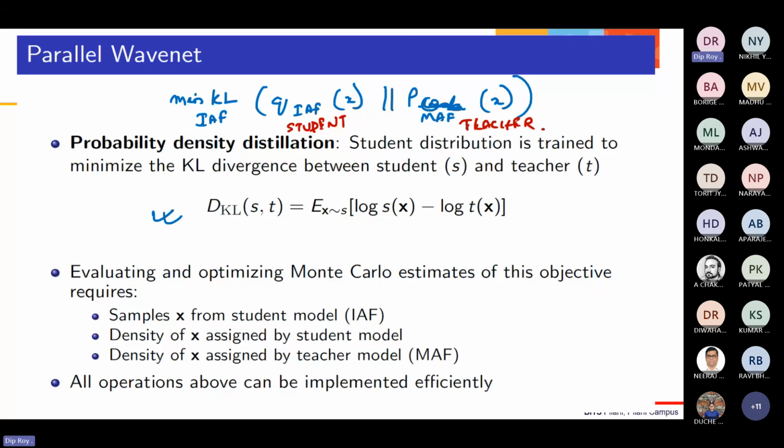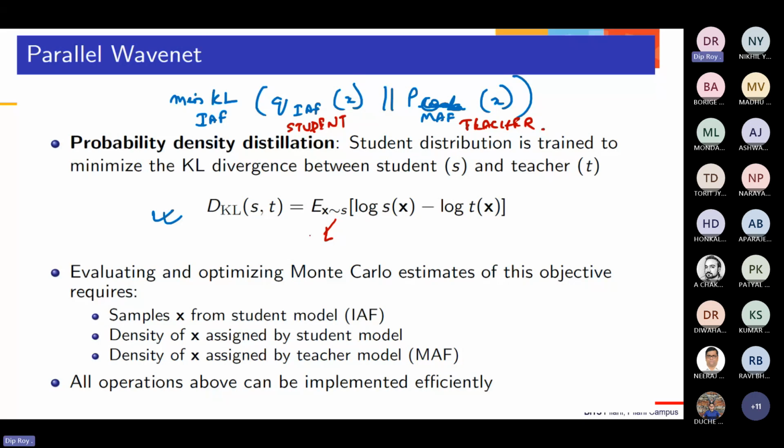We will sample from the student model. The first thing to note is my teacher model has already been trained. I have a trained teacher model now. What I need to do is distill the knowledge of the teacher into the student and then sample from the student. That's the entire story.